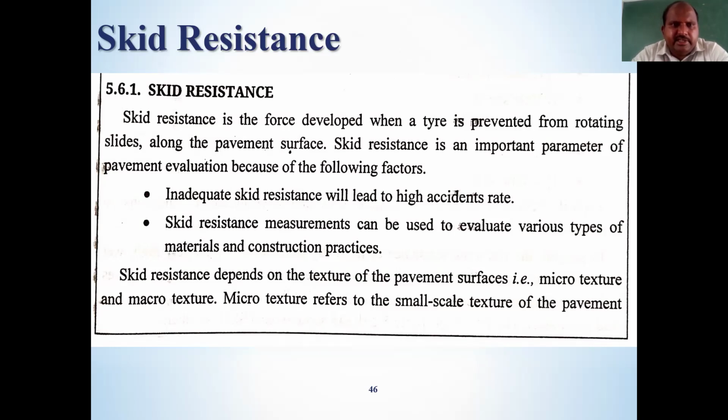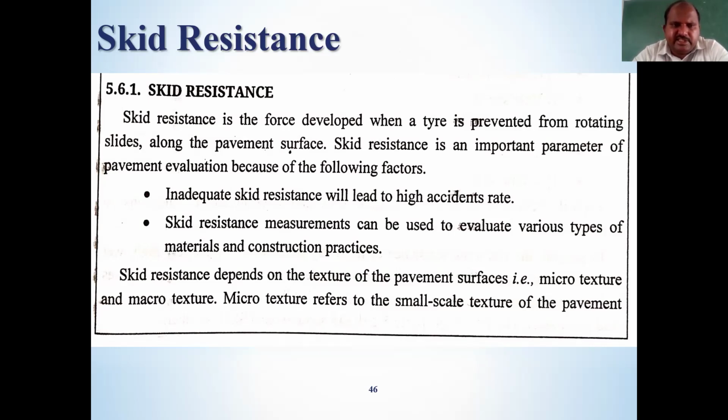Skid resistance is the force developed when a tire prevented from rotating slides along the pavement surface. Skid resistance is an important parameter of pavement evaluation because of the following factors. Inadequate skid resistance will lead to a high accident rate. Finally, skid resistance measurement can be used to evaluate various types of materials and construction practices.